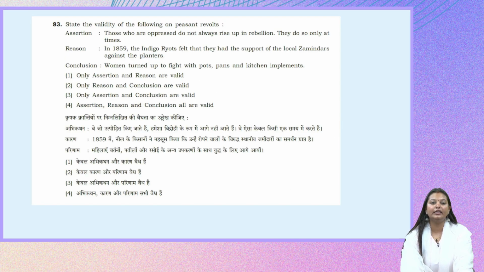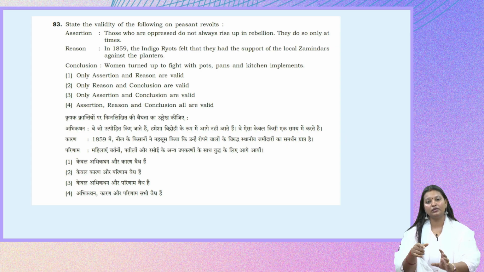State the validity of the following on peasant revolts. So now this is another concept from our history. So this is about the peasant revolts. The assertion is those who are oppressed do not always rise up in rebellion. They do so only at times.